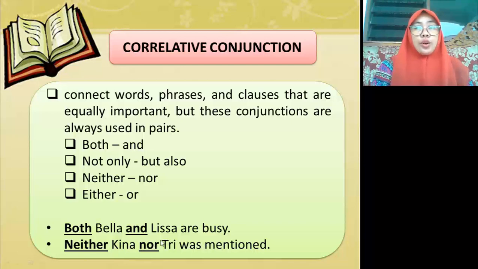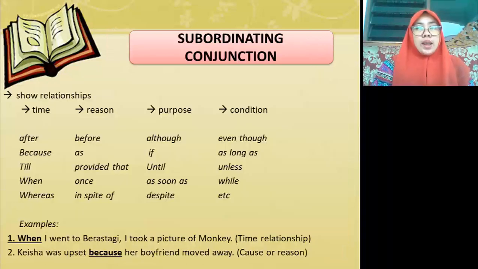The use of correlative conjunction here is by using the words neither and nor. Neither nor, either or. Okay, I have explained this in the previous meeting. I believe and I'm sure that you have understood about this one. Let's see the next one.